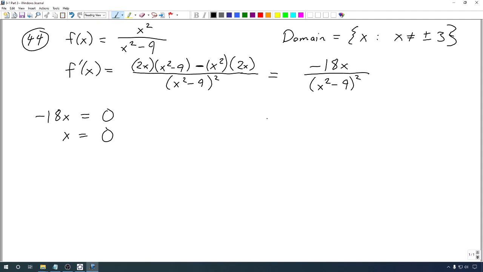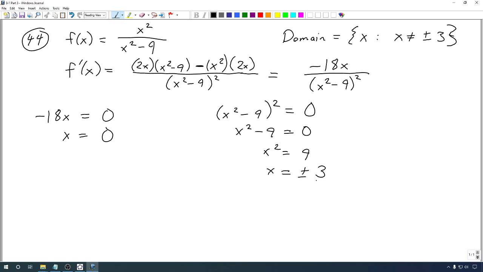If we look at where this doesn't exist, we're basically asking, because we have a fraction here, where is the bottom equal to 0? When is x squared minus 9 quantity squared equals 0? Well, of course, that really is just when x squared minus 9 equals 0, or when x squared equals 9, when x is equal to plus or minus 3.